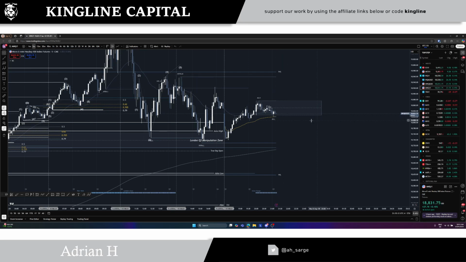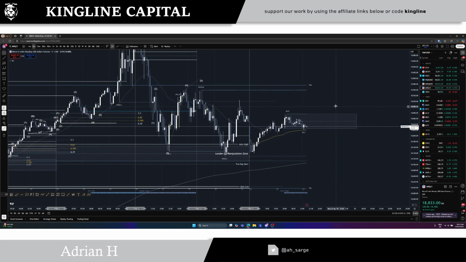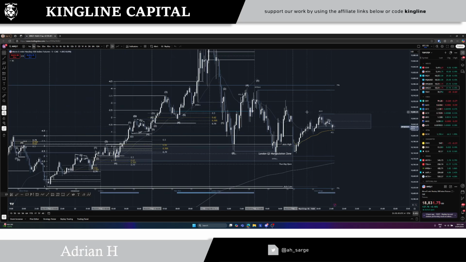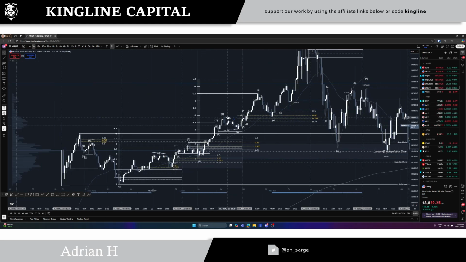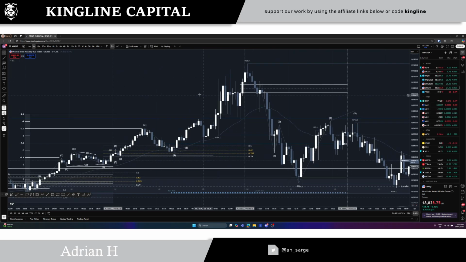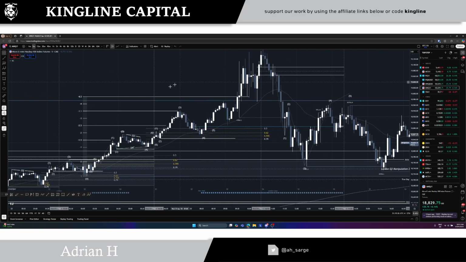Zone still holding. VWAP. So continuation into New York, Q2, Q3.